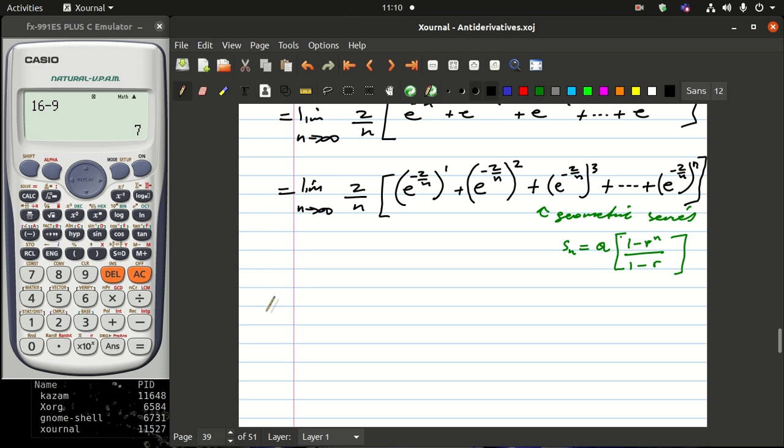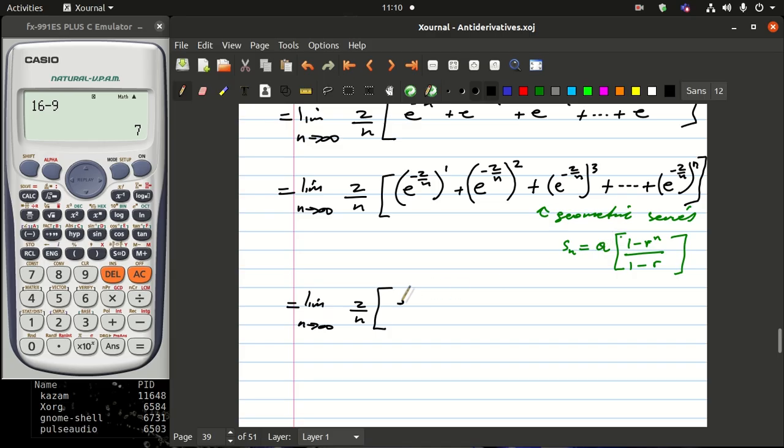To proceed from here, we can say that this whole thing here is actually going to be equal to the limit as n approaches infinity of 2 over n, and then inside here, this whole thing, I'm going to plug in an a.